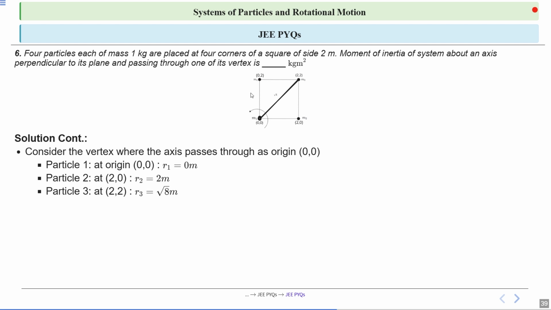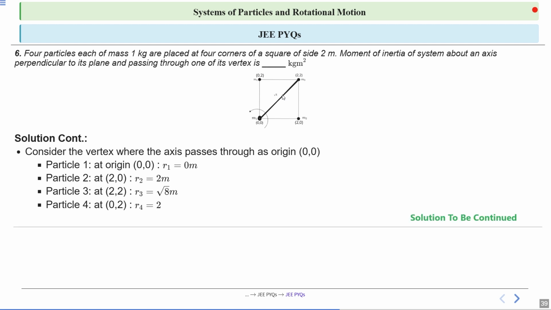Particle 3 at 2 2, so R3 equal to root 8 meter. And particle 4, the distance is 2 meter vertically. From M1 to M2 distance is 2 meter. M1 to M4 distance is 2 meter. And M1 to M3 is root 8 meter.